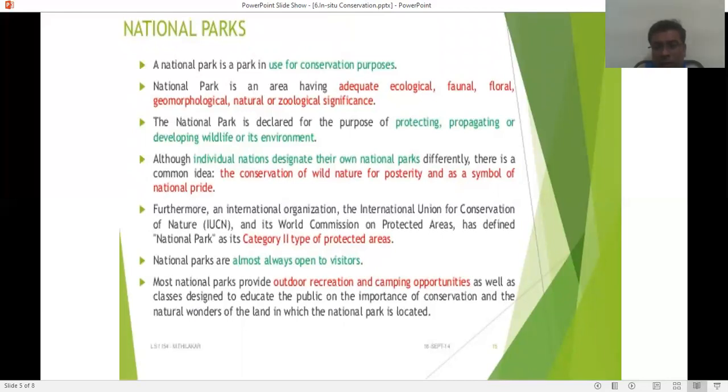They allow visitors through ecotourism, so the visitors enjoy the natural environment. Most national parks provide outdoor recreation and camping opportunities as well as classes designed to educate the public on the importance of conservation and the natural wonders of the land in which the national park is located.